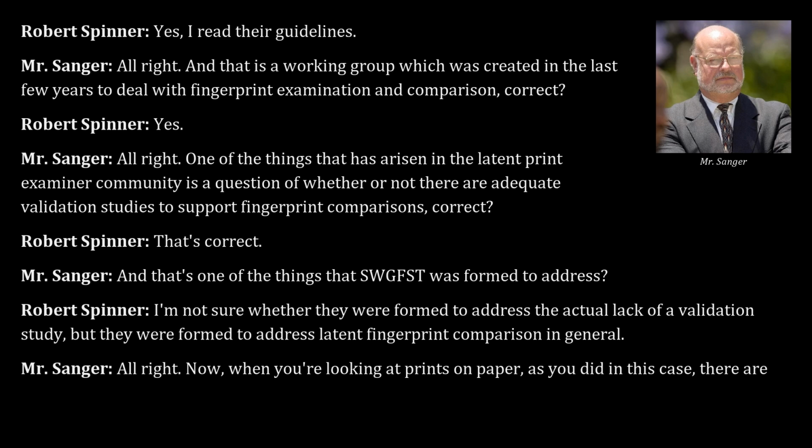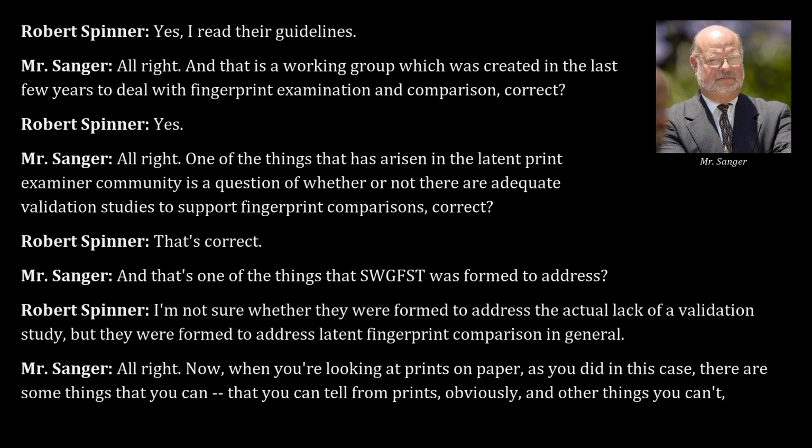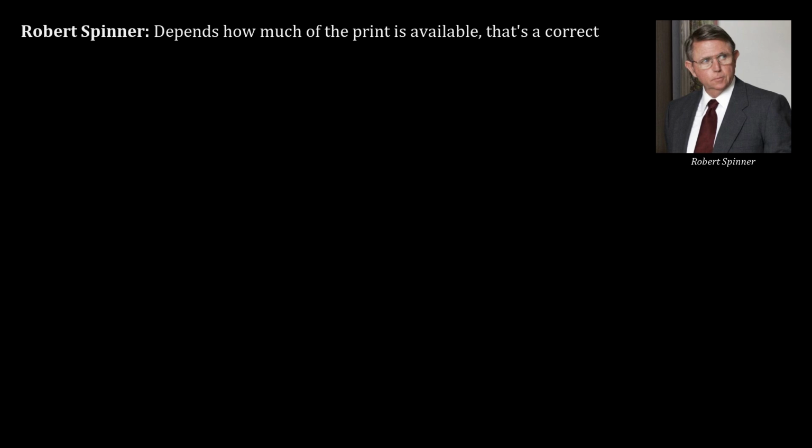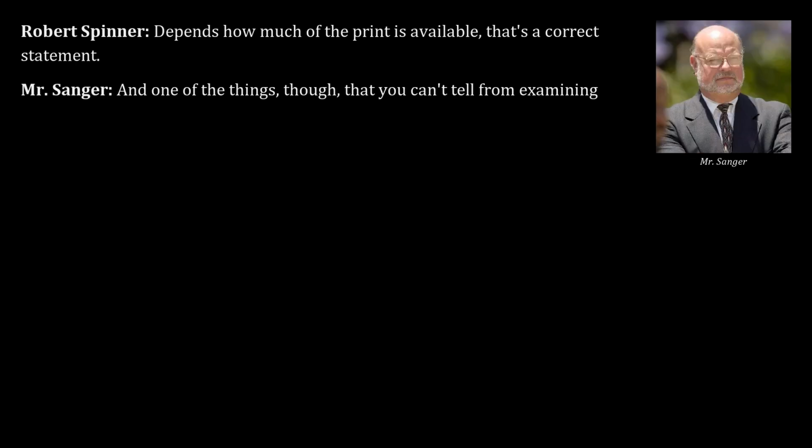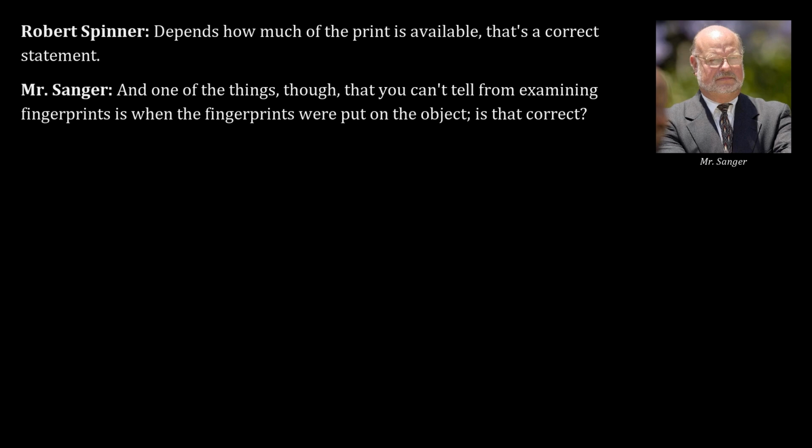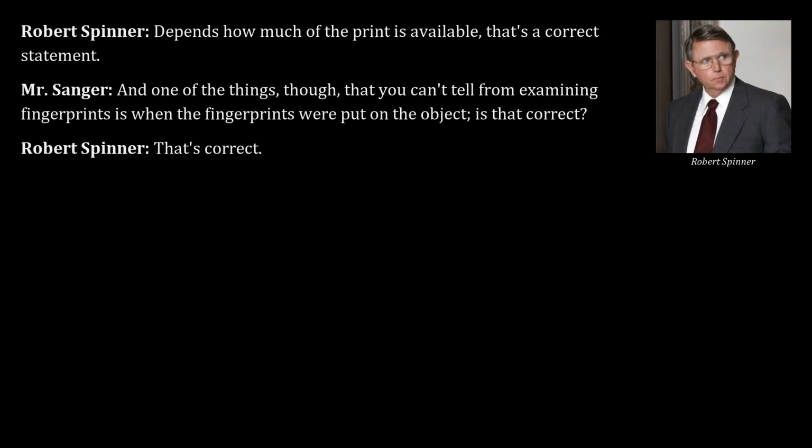All right, now, when you're looking at prints on paper, as you did in this case, there are some things that you can tell from prints, obviously, and other things you can't, correct? Depends how much of the print is available. That's a correct statement. And one of the things that you can't tell from examining fingerprints is when the fingerprints were put on the object. Is that correct? That's correct.